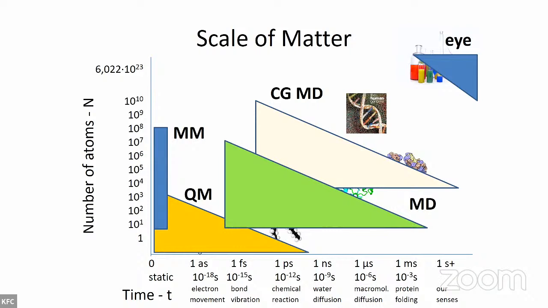So here in the real world, we can use our eye. But unfortunately, we cannot go lower in the time scale. And we cannot go lower with the size. The last thing which we are able to see are basically nanoparticles in solution, and we can see them as small opalescent dots, and that's the limit of the human eye.